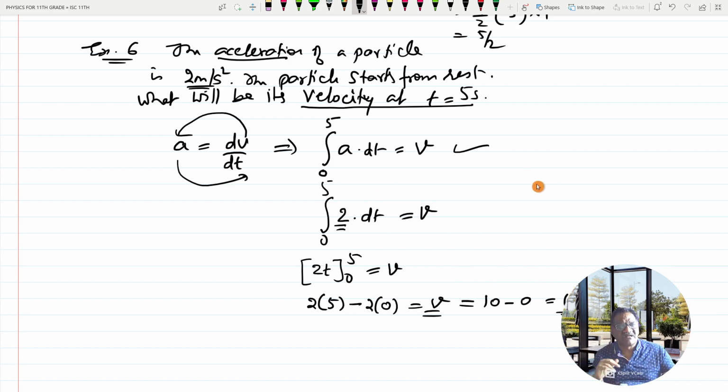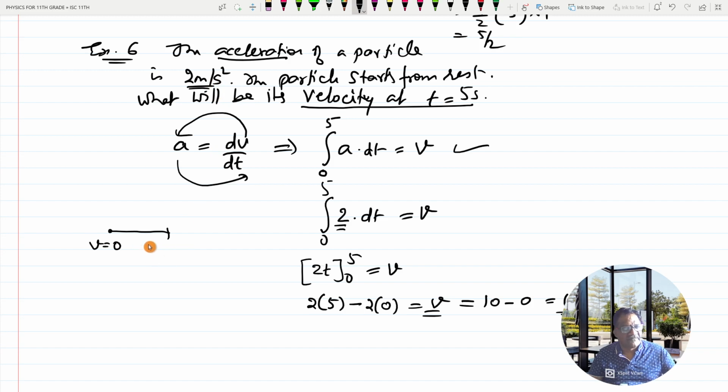Now I'll make you understand this question in very simple layman's language, like you used to do in school. The particle is starting from rest, so your velocity here is 0. After every second, the acceleration is 2 meter per second square.